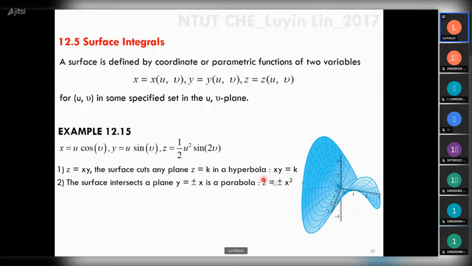That means if you use the plane y is equal to x to cut this surface, you will get this one. This one is a parabola, 抛物线. So the first one is a hyperbola, the second one is a parabola. If you combine the first and the second, this surface is called this blue word. It is like a combination of hyperbola and parabola, so it is a very unique surface.